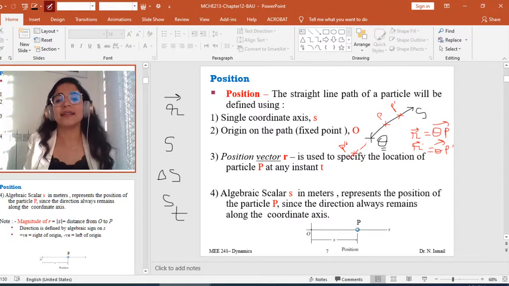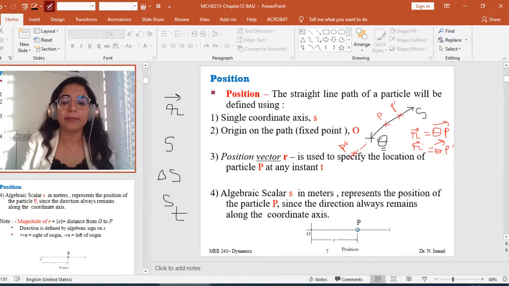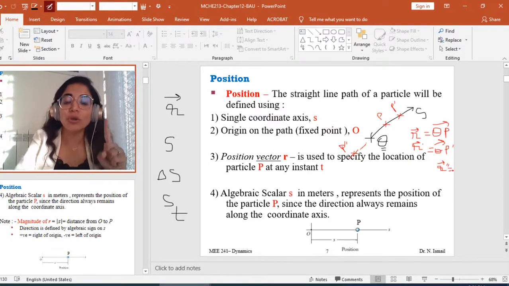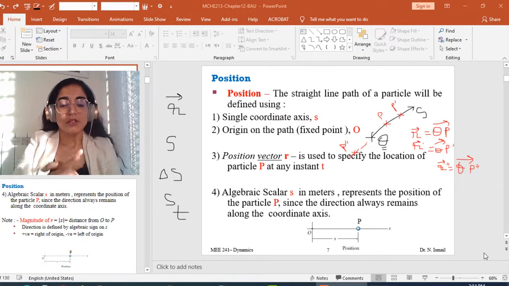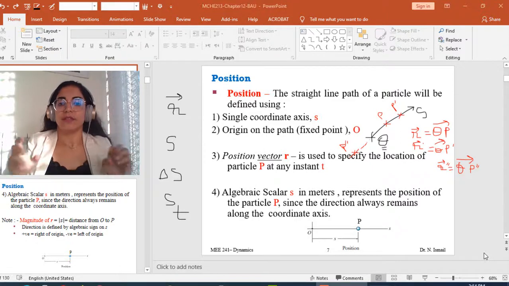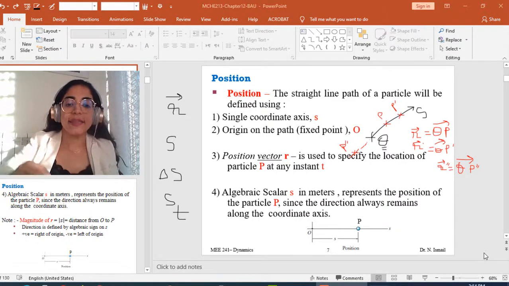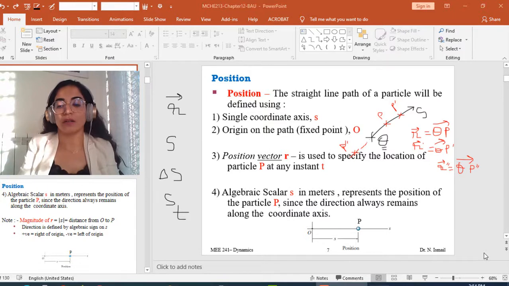What do you think, guys, is R double prime? R double prime is now O, I should always start with O, the origin, P double prime. So as simple as that, guys. This is the vector position R. R is the position from the origin to the location of this particle.